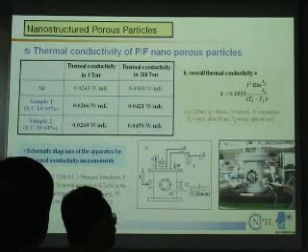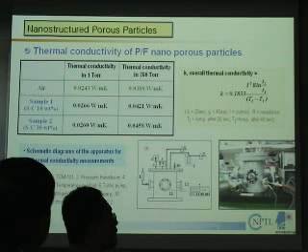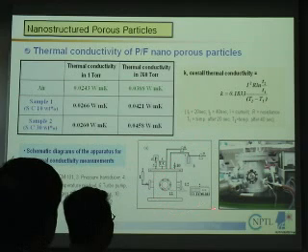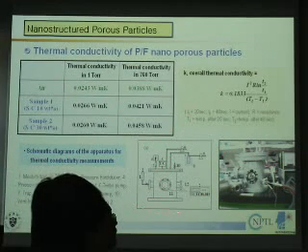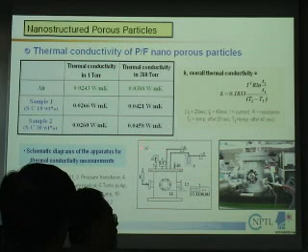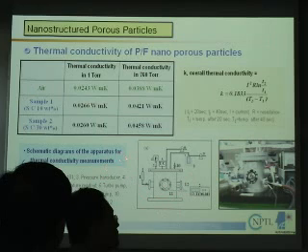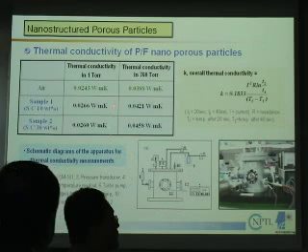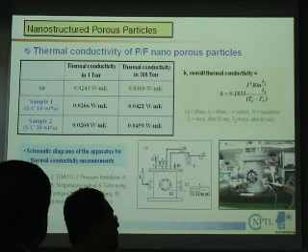And this is one physical property we managed to measure. Using this kind of measurement, we measured the thermal conductivity of these porous particles in the vacuum system.